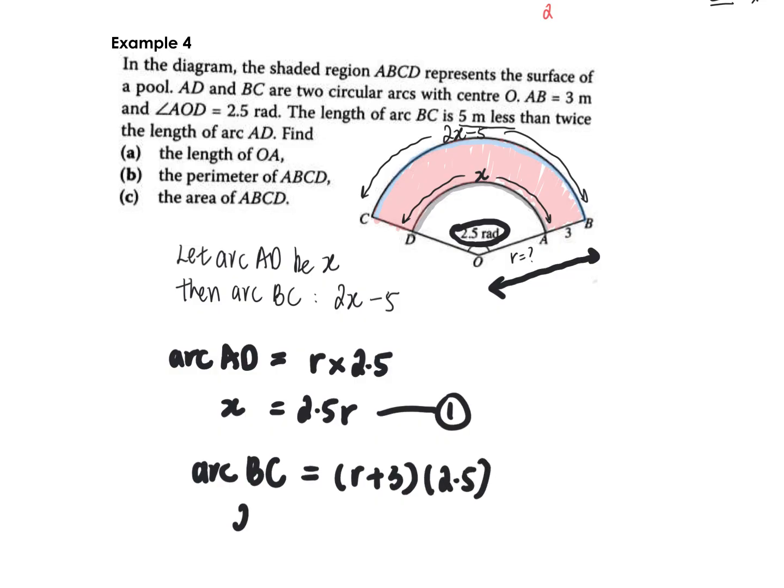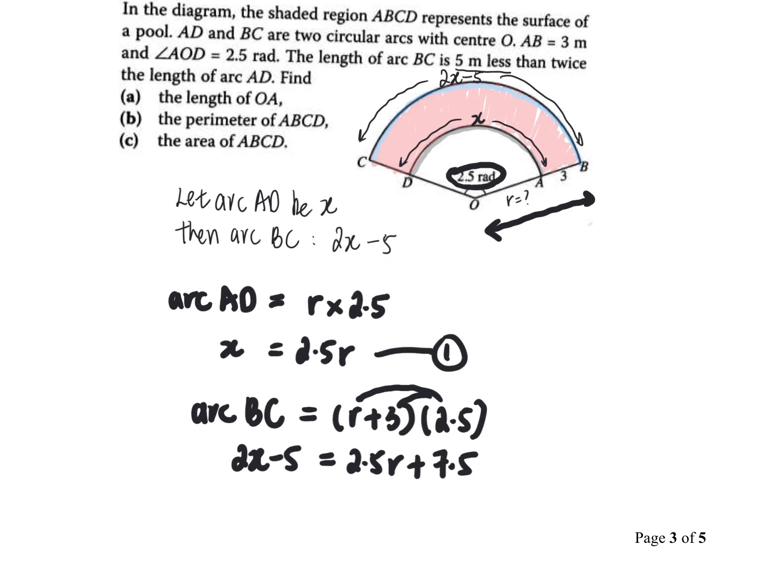And it gives me 2x minus 5. Okay, so this is what I get. So again, if we were to simplify things, this is my second equation.